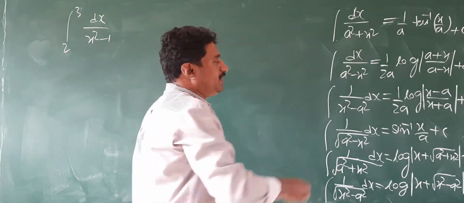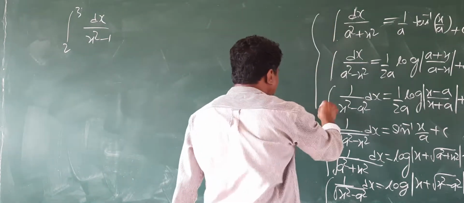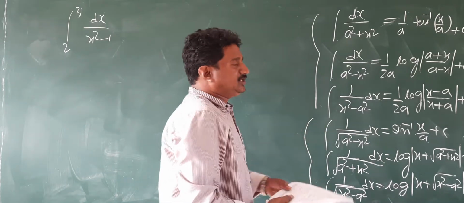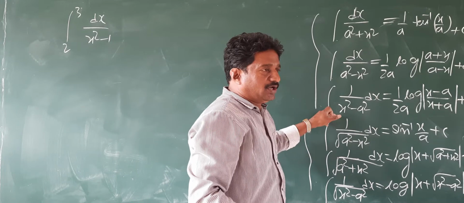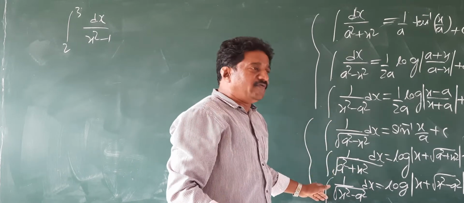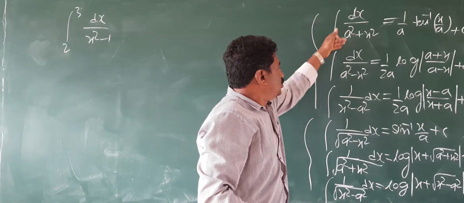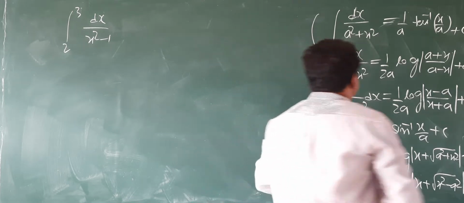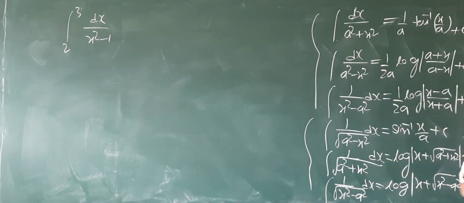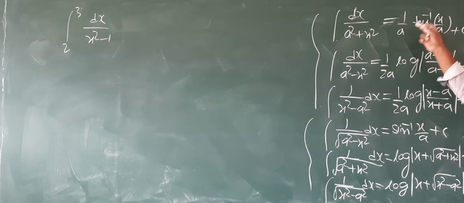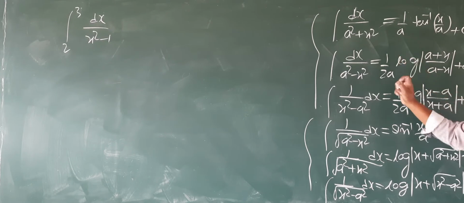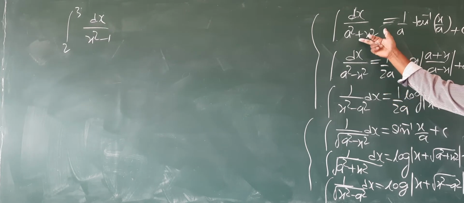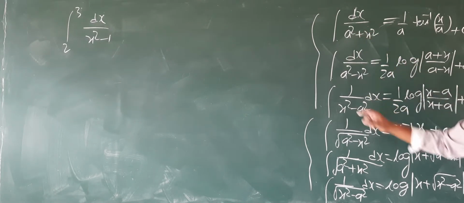First three formulas are without root, last three are with root. If roots are not present, it should be 1 by a tan inverse or 1 by 2a log. You observe, students, 1 by a or 1 by 2a comes for the integrals which have no roots.